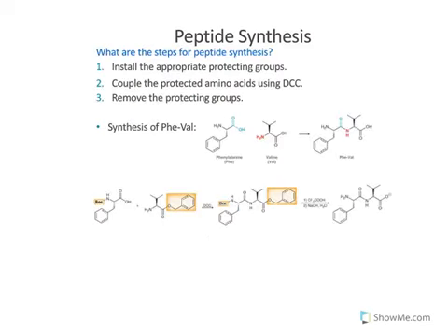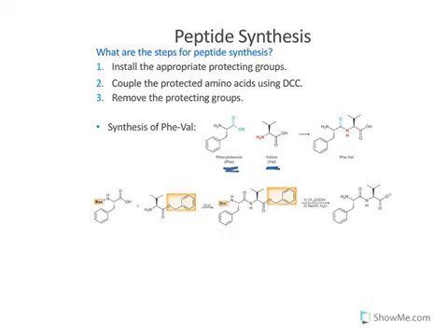So in summary, if we want to synthesize a peptide, for example, in this case phenylalanine and valine, then the first thing we need to do is figure out which one we want to come first.